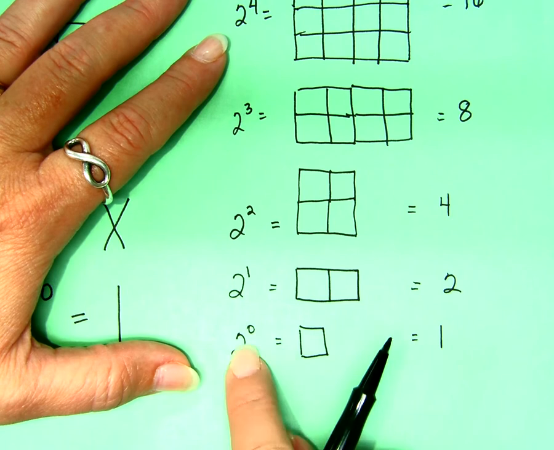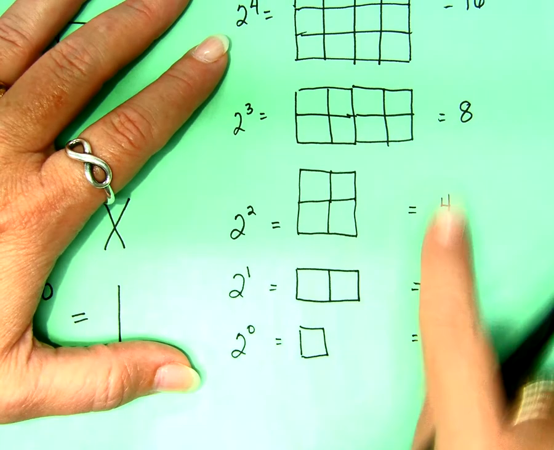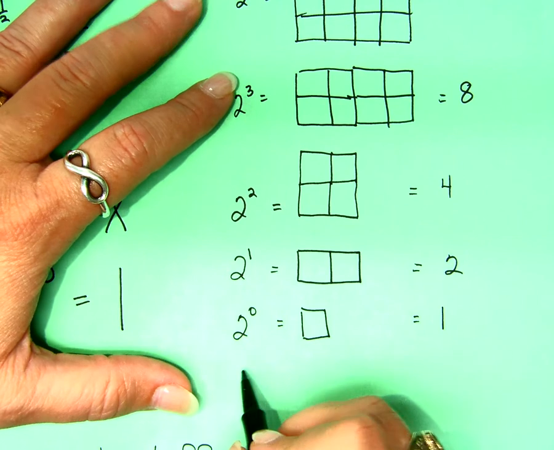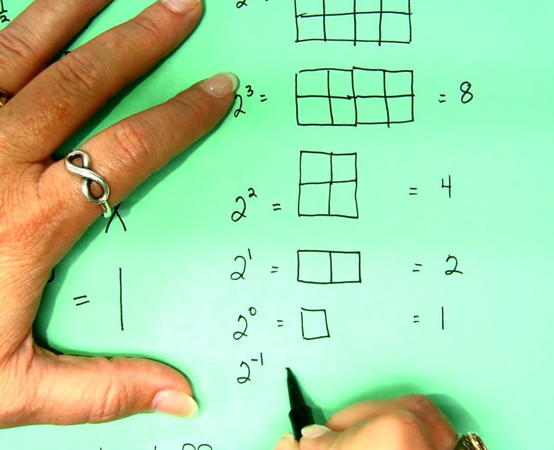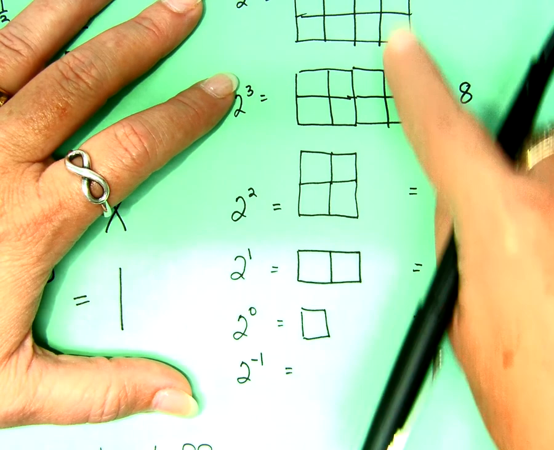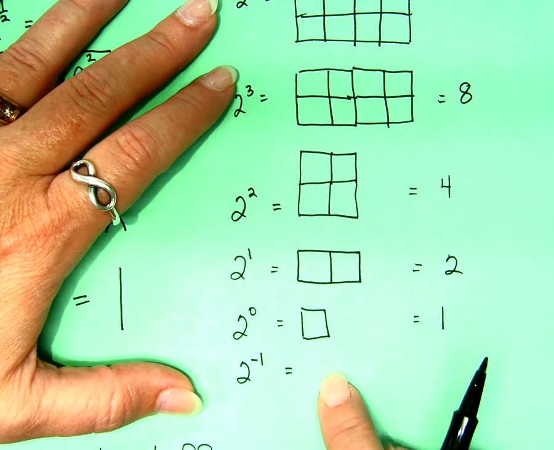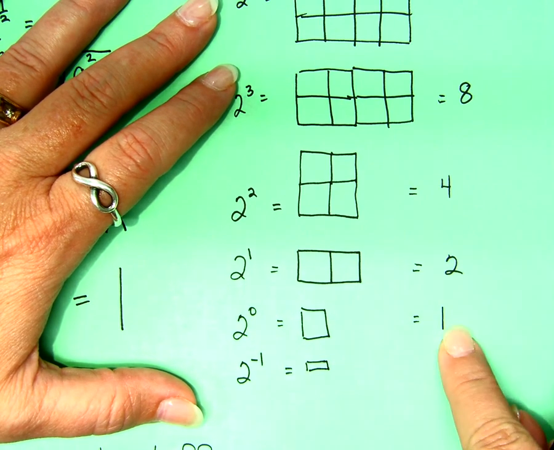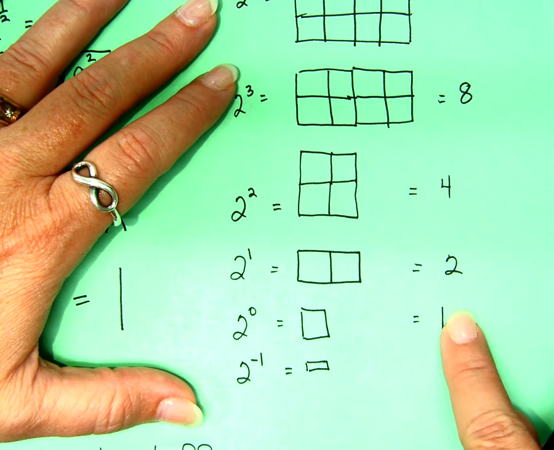Do you see why 2 to the 0 is 1? Like visually, do you see why it is? It follows all the patterns, doesn't it? What if I keep going? What about 2 to the negative 1? Square, rectangle, square, rectangle, square. Rectangle that is half as big as the previous one, right?